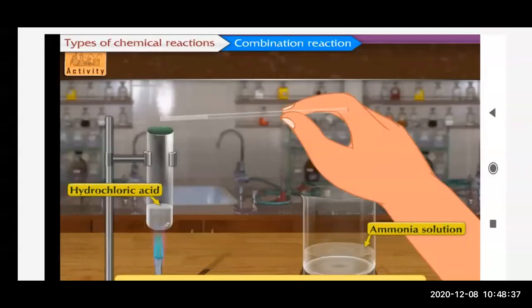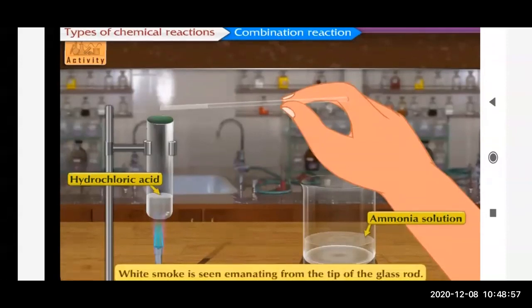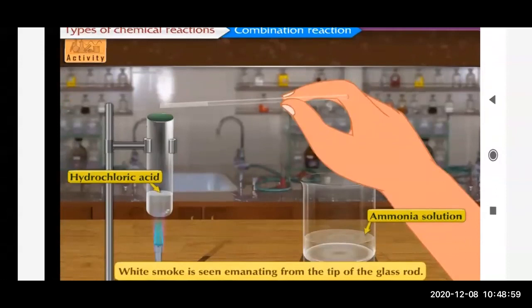We take some hydrochloric acid in a test tube and heat it, and in a beaker we take some ammonia solution, dip the glass rod in it and hold it on the test tube. What do we observe? A white smoke coming out from the tip of the glass rod.